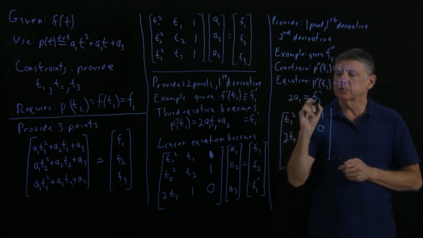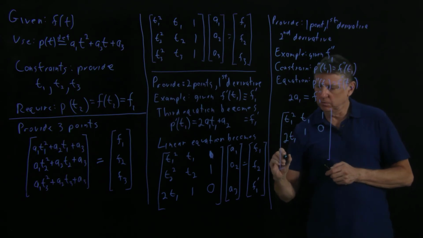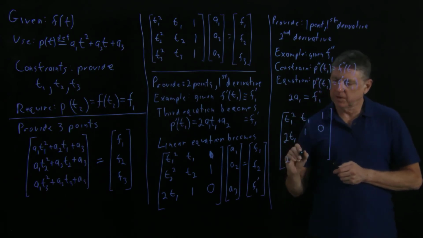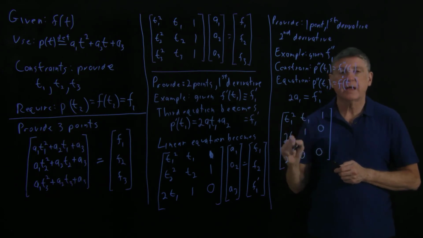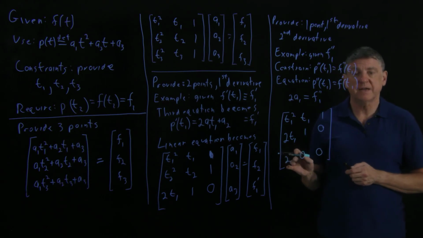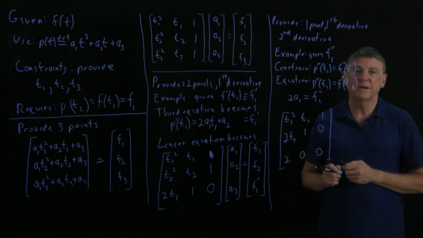And then this constraint equation is that A1 is multiplied by 2, and A2 is multiplied by 0, and A3 is multiplied by 0. And so I have an upper triangular form that's particularly easy to solve by hand. The computer implementation, as I mentioned, is we would simply use the linsolve function or the \ operator.